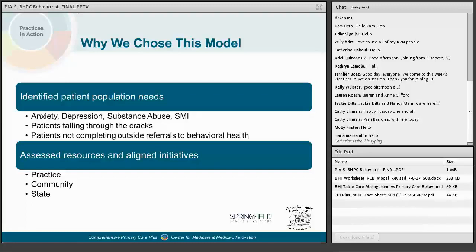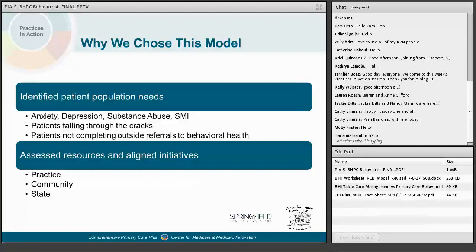And over time, what we realized was that we really needed the behavioral health provider to be more integrated into the primary care clinic rather than just having the co-located model. And so really over time, we have built up a bigger program that includes 2 fully integrated behavioral health providers who work within eClinicalWorks.